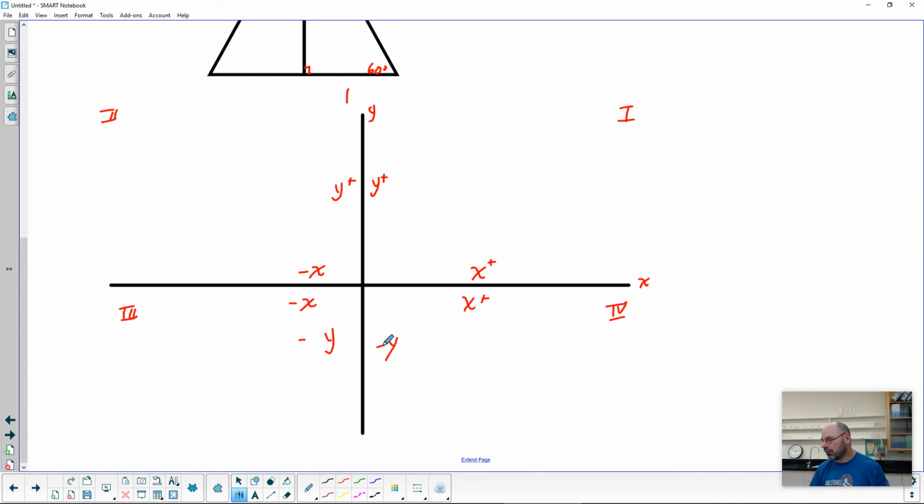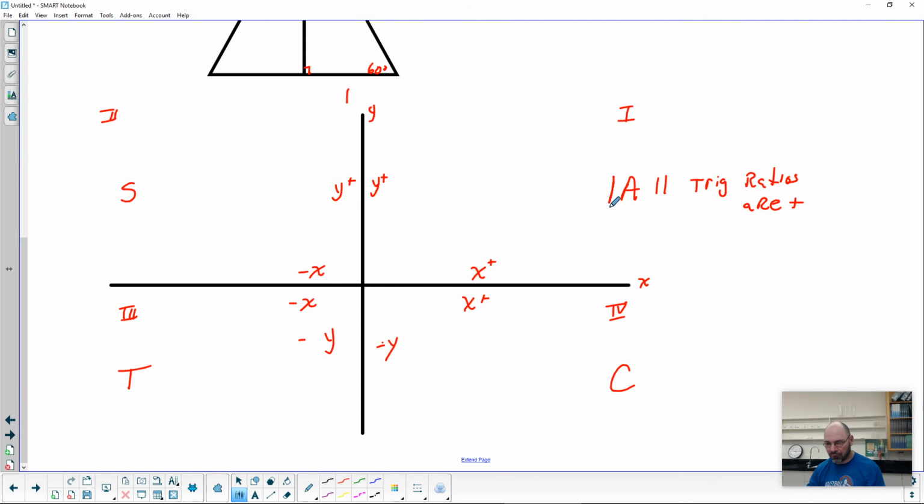Okay, so what happens then is that we have something called the CAST rule. Starting at the bottom, this means that all trig ratios are positive. And we'll develop that as we go farther in it, because we're going to figure out that sine is y over r, r being the hypotenuse, and cosine will be x over r, and things like that as we go on in the unit.